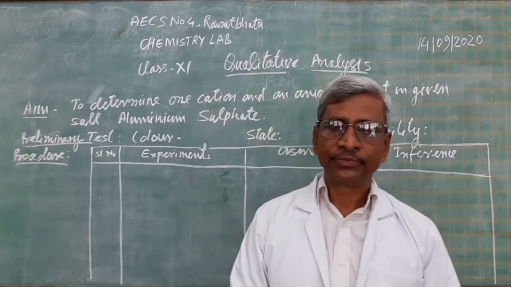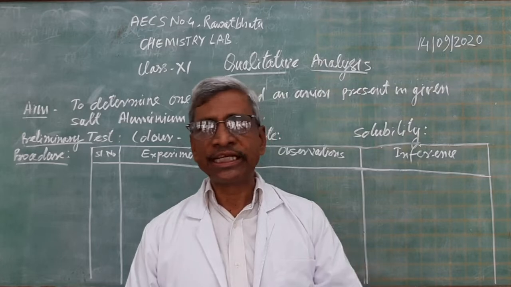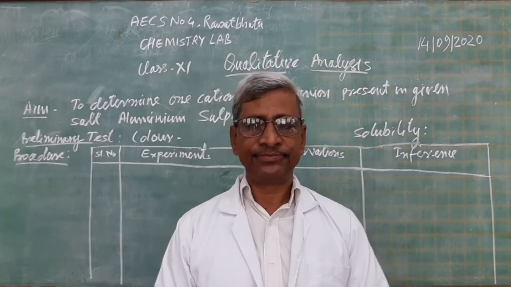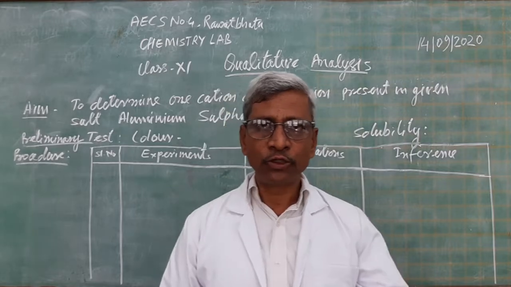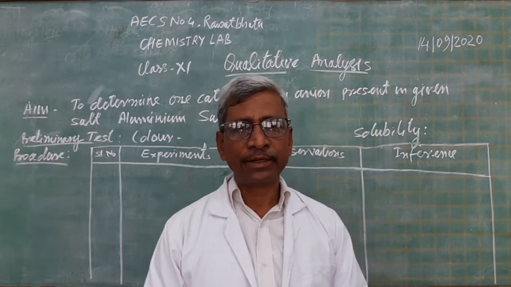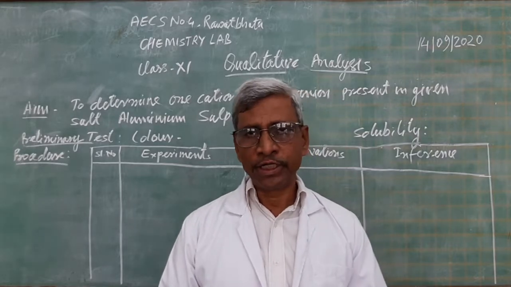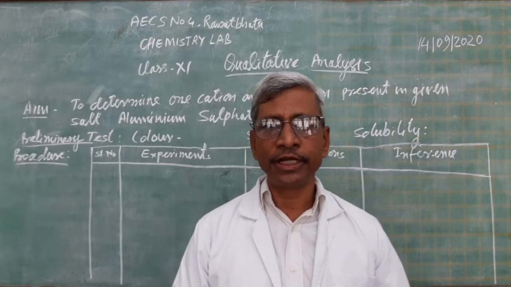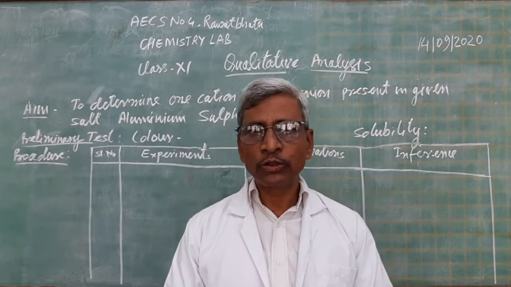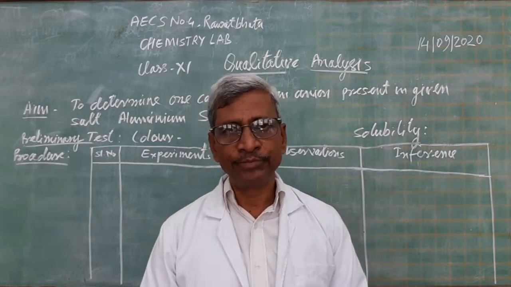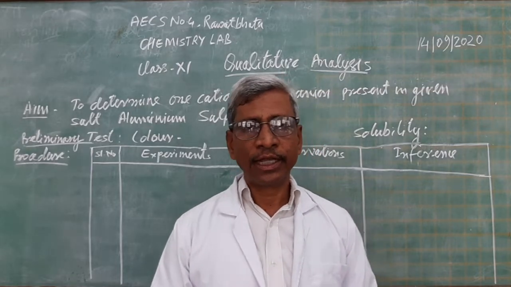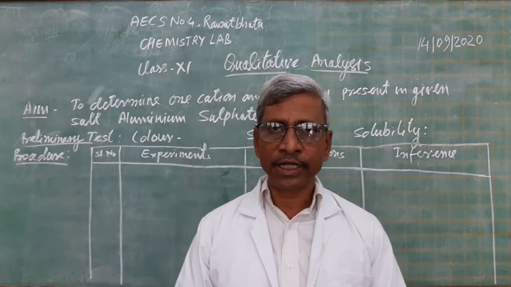Before that, I would like to say that anions are divided into three categories. The dilute acid group combines with dilute sulfuric acid. Examples are carbonate, sulfide, nitrite, etc. Those belonging to the concentrated sulfuric acid group combine with concentrated sulfuric acid, like chloride, bromide, iodide, nitrate.